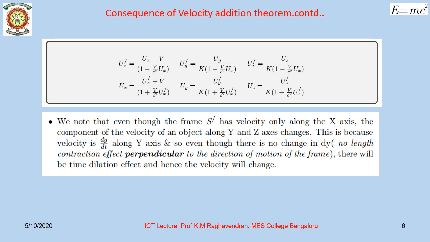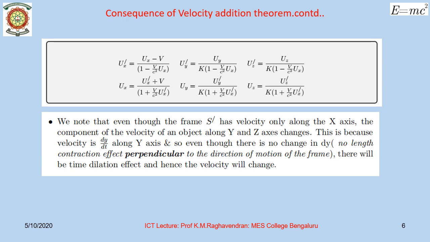First of all, note that for the x component of the velocity in the normal transformations, that is ux dash, or in the inverse transformation, that is the expression for ux, there is no occurrence of the factor k. However, when you consider the y component of the velocity, uy dash and uz dash in the normal transformations and uy and uz in the inverse transformation, we note that the factor k occurs in the denominator.